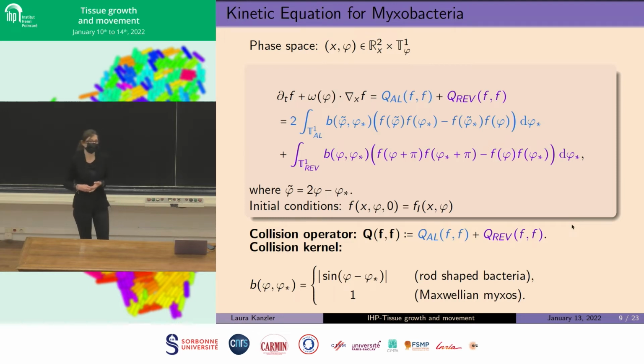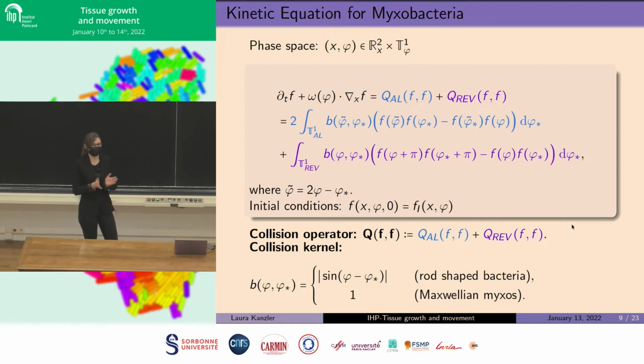And it tells you how likely it is that a bacterium moving in direction phi star meets a bacterium moving in direction phi. And in our case, we mostly consider two different B's. The first one is just the absolute value of sine(phi minus phi star). This is, if you want, the natural collision kernel.